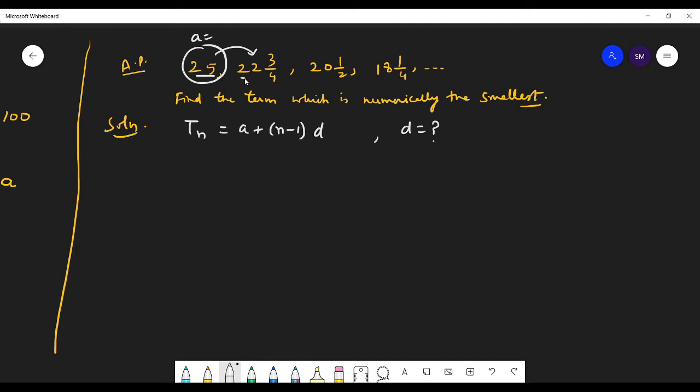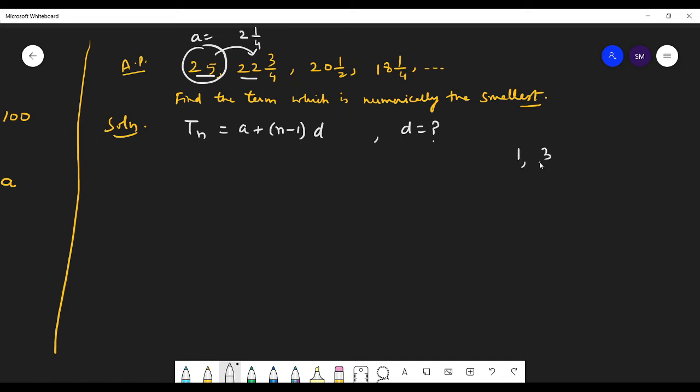See, 25, 22. How much have you subtracted? Then from 1, 3 by 4 is there, so it means 1 by 4 you have taken.